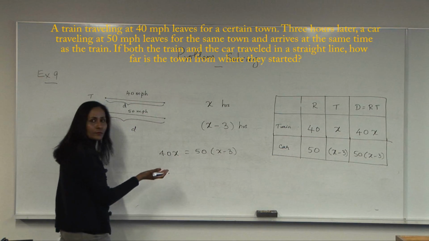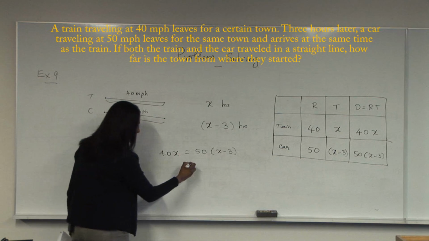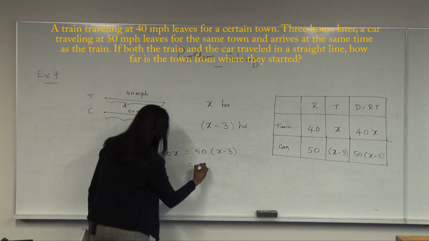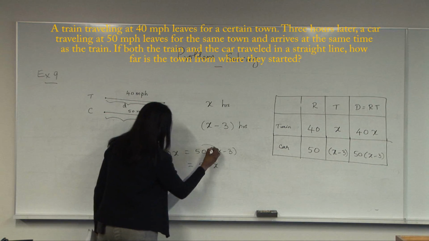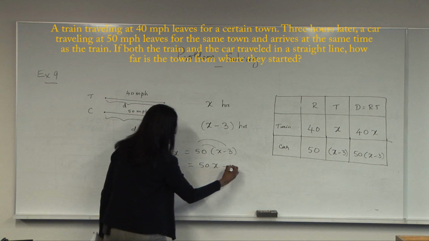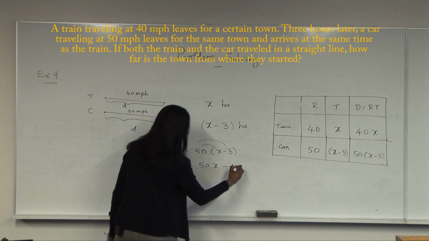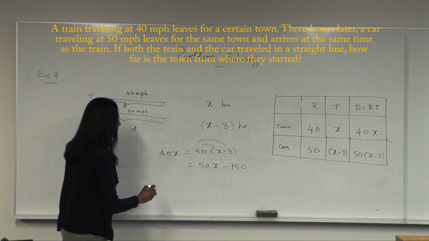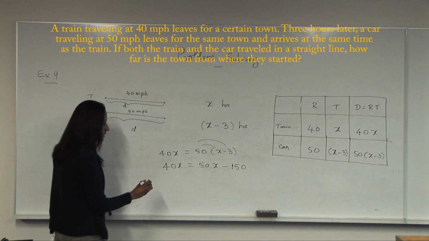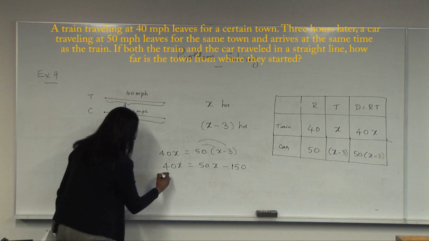Now, we have to solve this equation first. Here, what do we have to do? We have to distribute 50. So, this would give you 50x, and 50 times negative 3, minus 150. So, 40x is equal to this. Now we are solving for x.